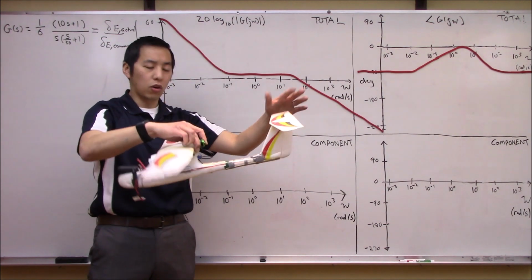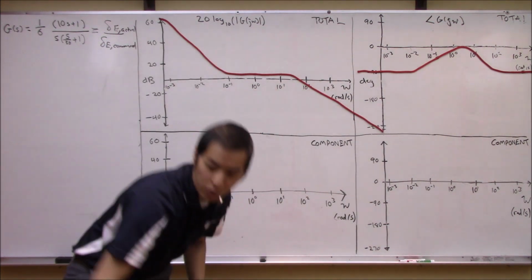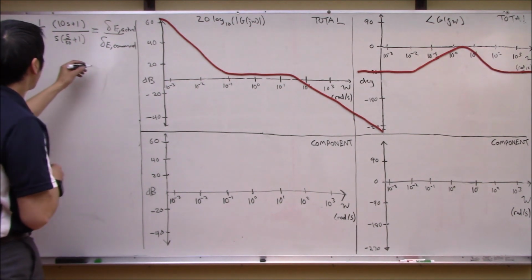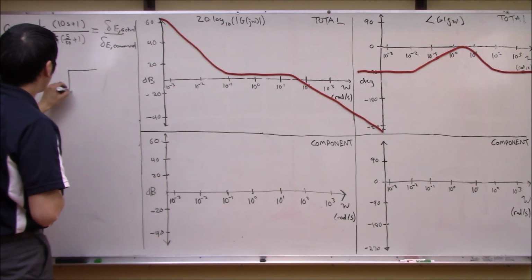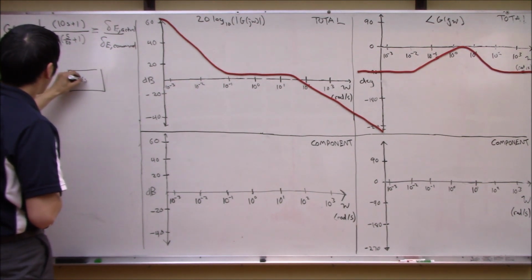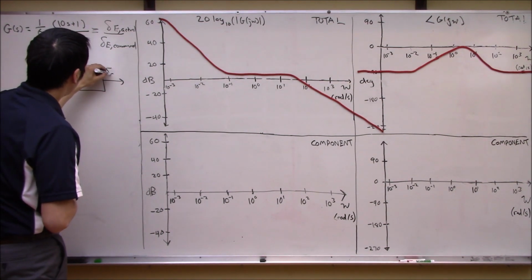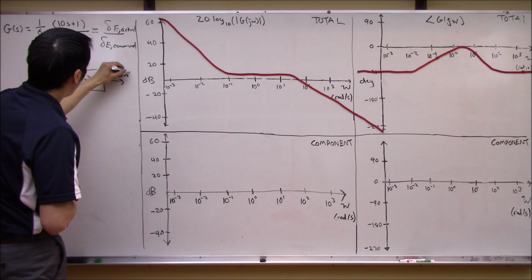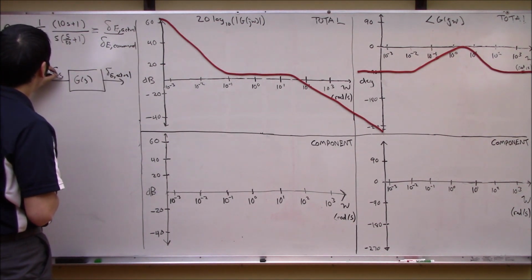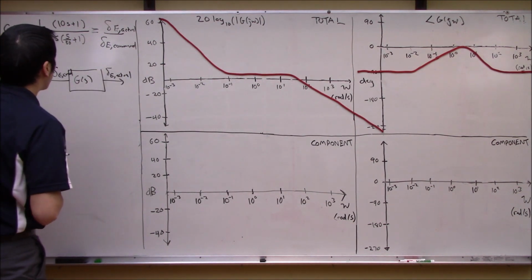So what you could be thinking is, this plant G of s represents how the actual elevator responds to a command in elevator.